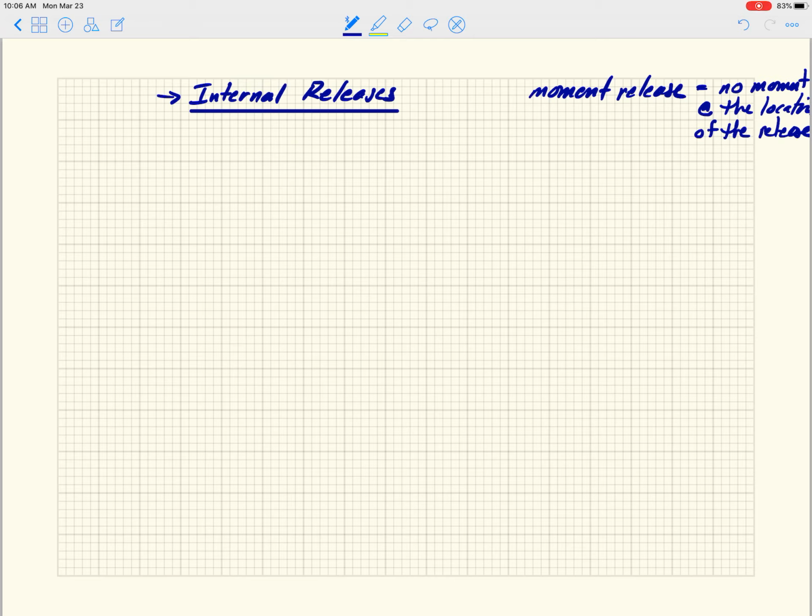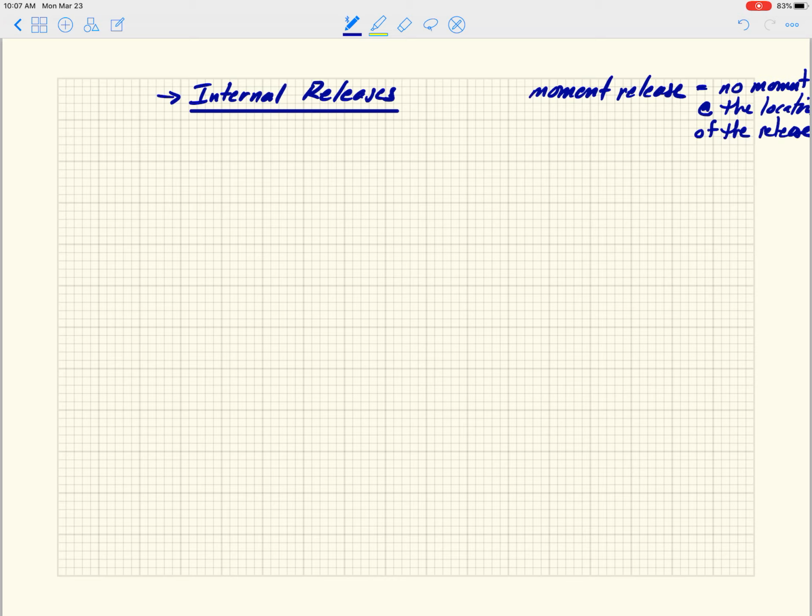Basically you've put a hinge, and everybody's kind of familiar with how doors open and close. That hinge can't provide any resistance to moment. In fact, it wouldn't work if it did, because then you couldn't open the door. And so in some cases, we actually put things that behave similar to those hinges within our structures.